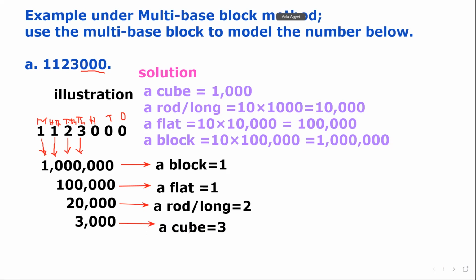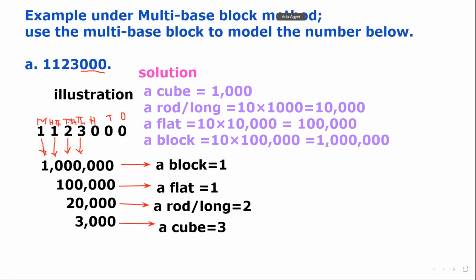And the next one after the key is the rod or long, which is 10 times the key, as we have already established. So a rod is now 10,000. When you draw one rod, it means 10,000. When you draw two, it means 20,000. Then we are going to draw a flat.